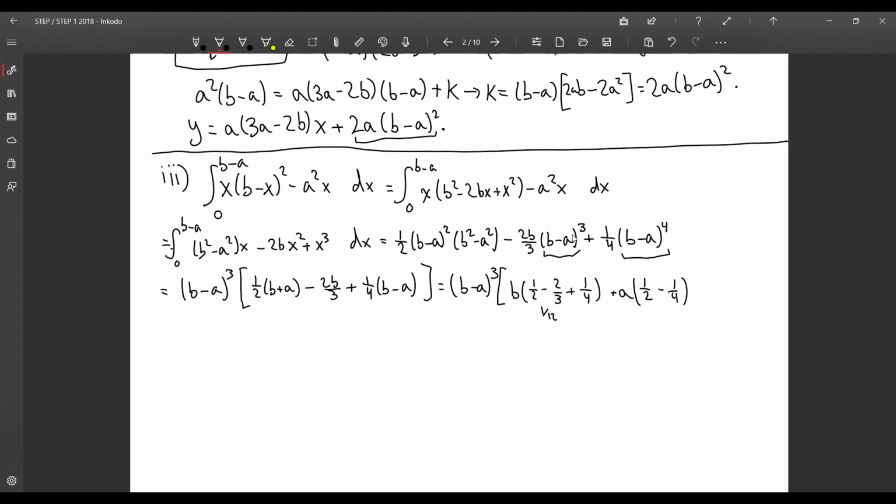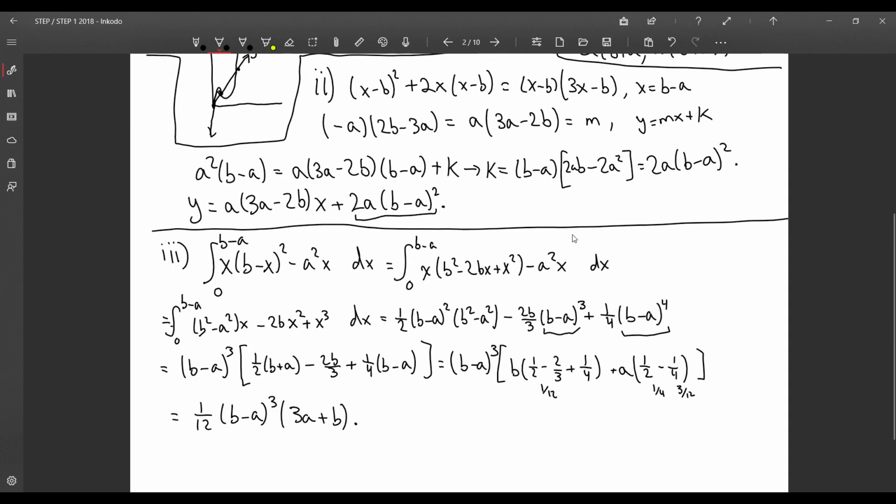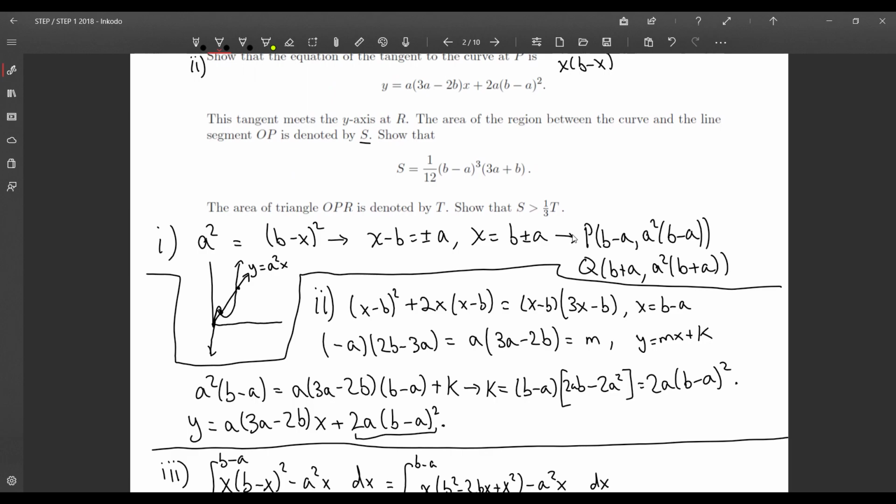No, okay, I made a mistake. That's going to be a 4th, right, or 3/12. So we can factor out the 12. We get a b minus a cubed, and we get 3a plus b, as desired. And so I'll write this as S.